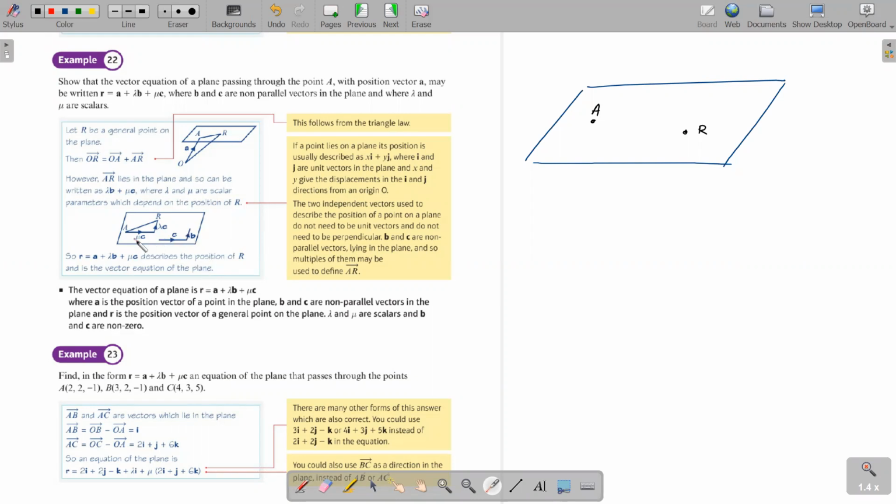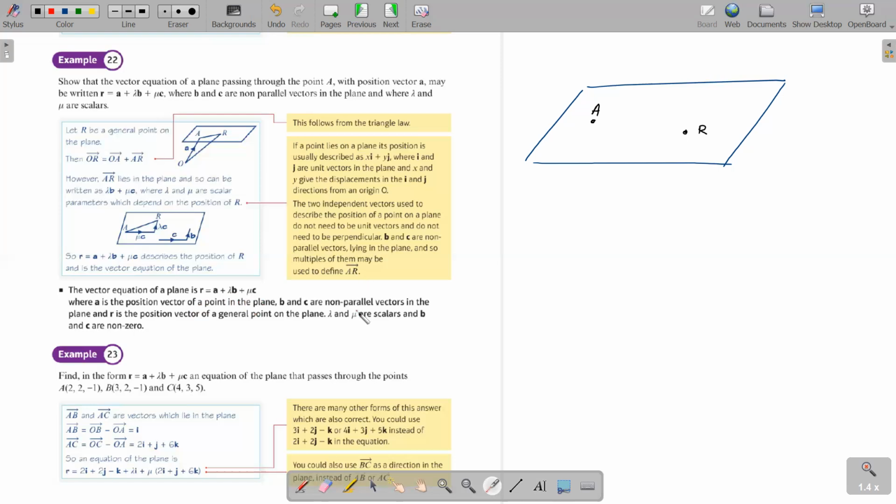You don't need to have any definitions of this, but all you need to know is that to get the vector equation of a plane, you need two direction vectors who lie on this plane. The vector equation of a plane is r equals a plus lambda b plus mu c, where a is the position vector of a point lying on the plane.